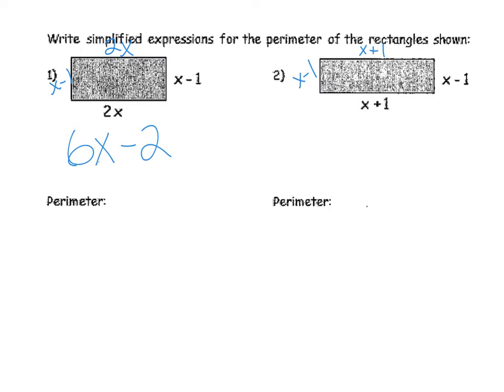So I'm going to add up all the x's. X plus x plus x plus x. 4x. And the 1's will be a positive 1 and a negative 1 plus a positive 1 plus a negative 1. It all cancels out, right? So that means that I'm just going to have a 4x. You don't need to write plus 0. Okay?